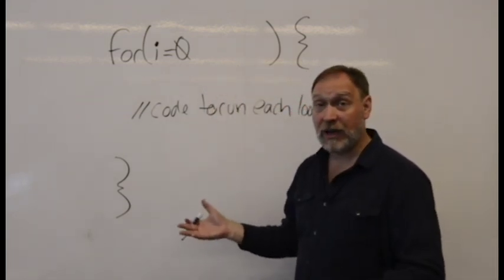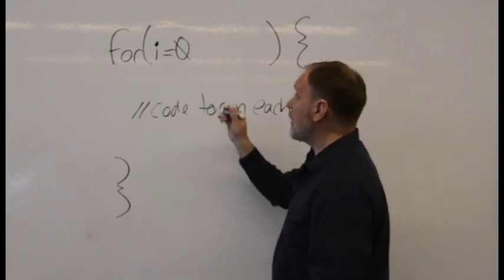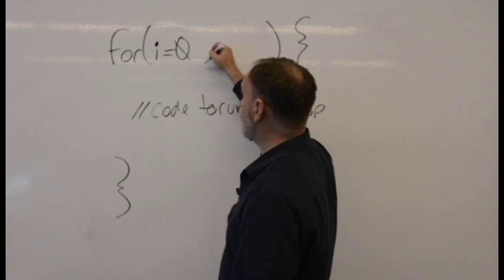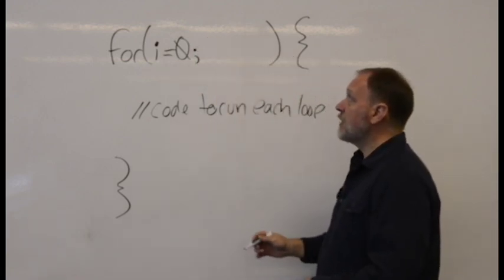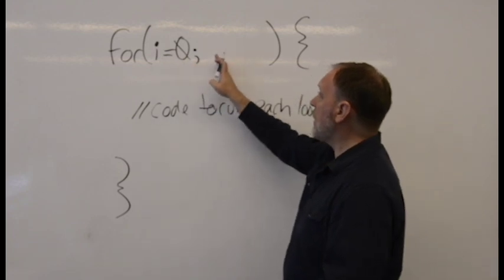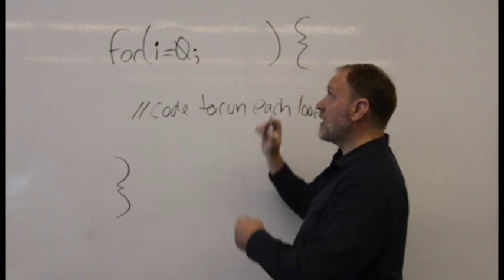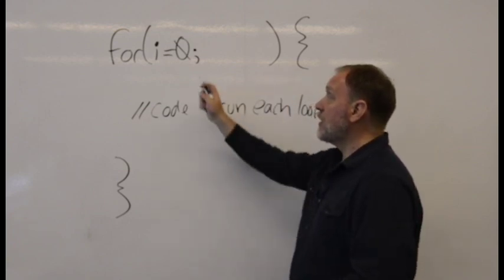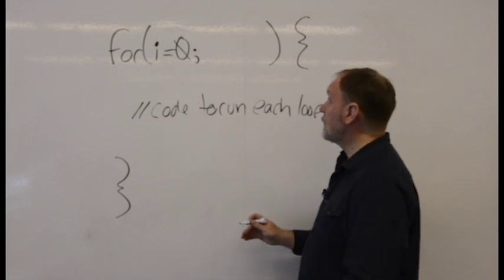It doesn't have to be i, but that's traditionally the variable that we use. So I'm setting it to 0. That's the starting point. Now we put a semicolon here, which we haven't seen yet. So what's happening in here is not just 3 parts, but actually 3 mini statements inside the parentheses. So the first part is our starting point, i is equal to 0.